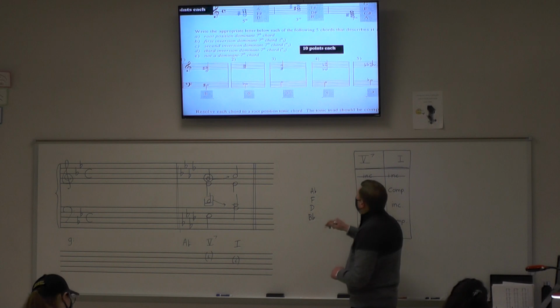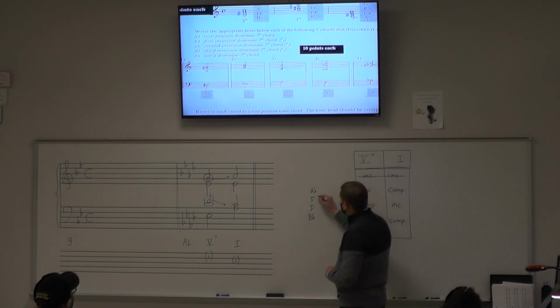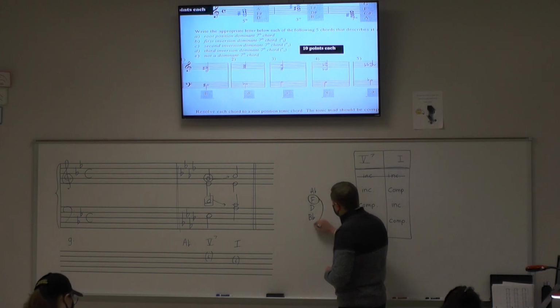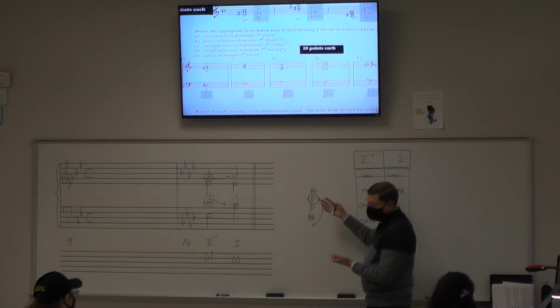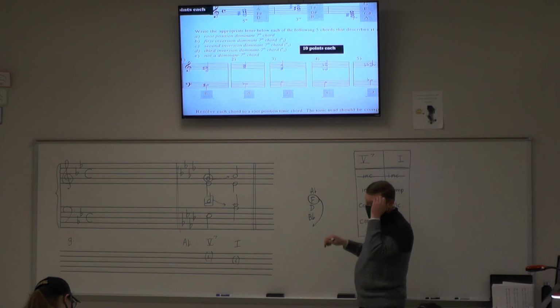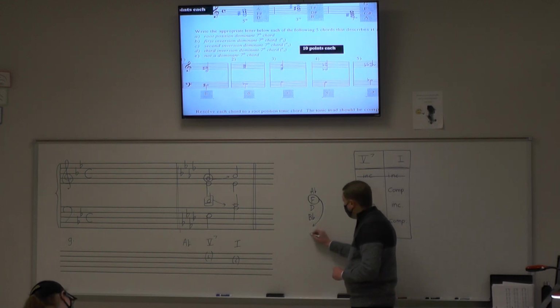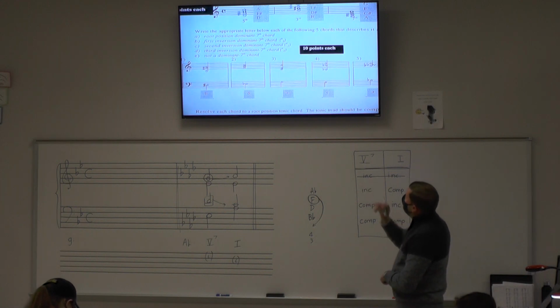Which of these four pitches is the lowest sounding one in number 4? The fifth of the chord. And whenever the fifth of a chord, triad or seventh chord, is on the bottom, we say it's in second inversion. And the symbol for a second inversion seventh chord is 4-3. So that's why that one is the dominant seventh in second inversion.